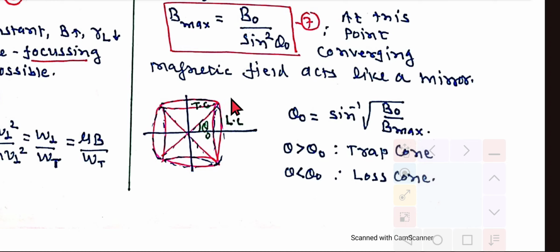This is theta 0, the angle of incidence. For theta less than theta 0, this region is called the trap cone: the particle will be trapped inside the magnetic field. For theta greater than theta 0, the particle will be lost from the magnetic field.